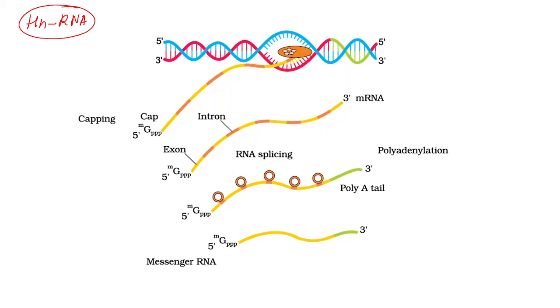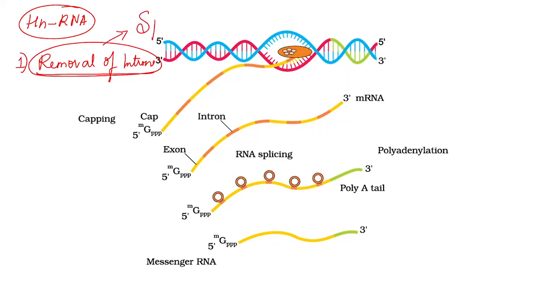So, the first step that will take place is the removal of introns. What do you mean by removal of introns? The process of removal of introns is called splicing.